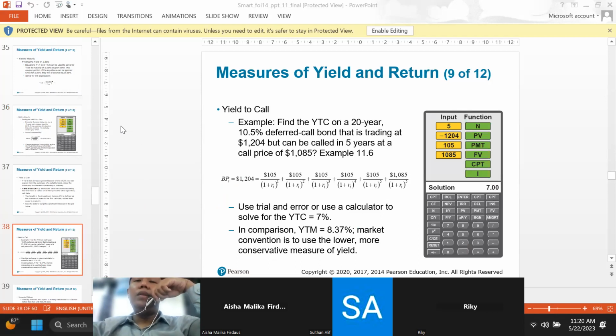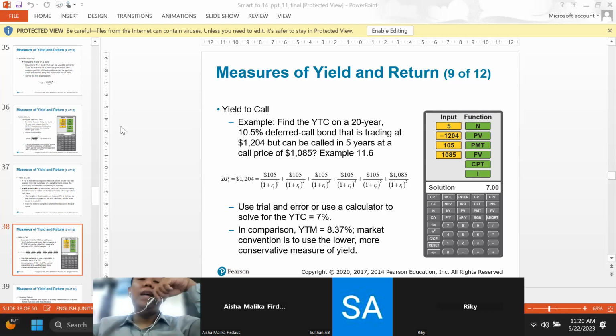Okay. Next, we have the yield to call. Remember, a bond with a call feature means that the issuer can repay the face value, plus some profit for us, as an early payment of the face value.